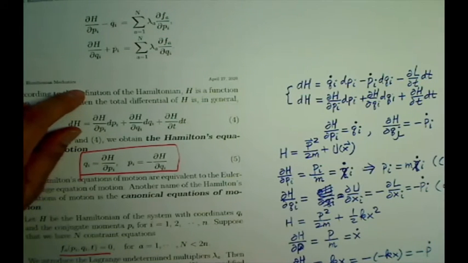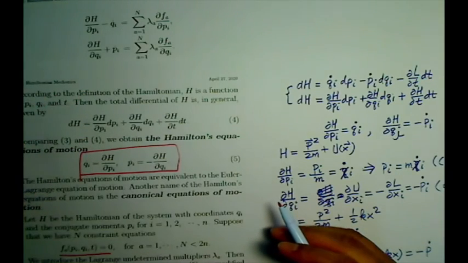And then by making use of this, we can vary pi and qi independently.